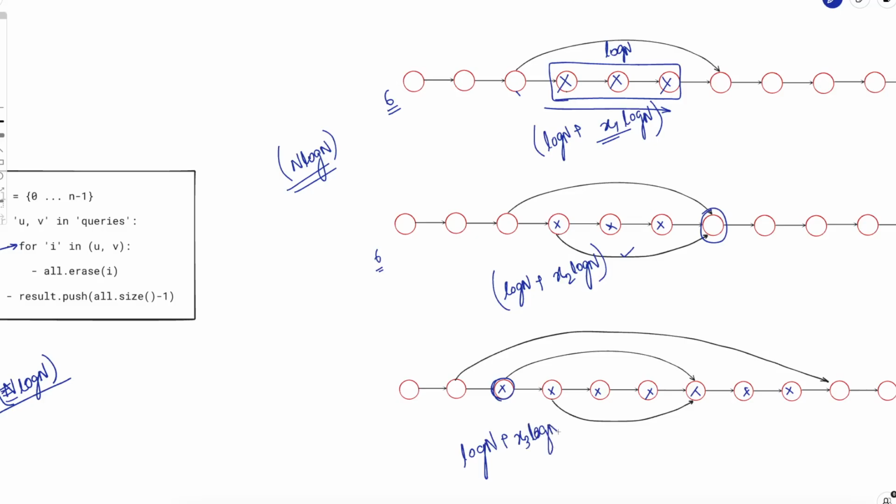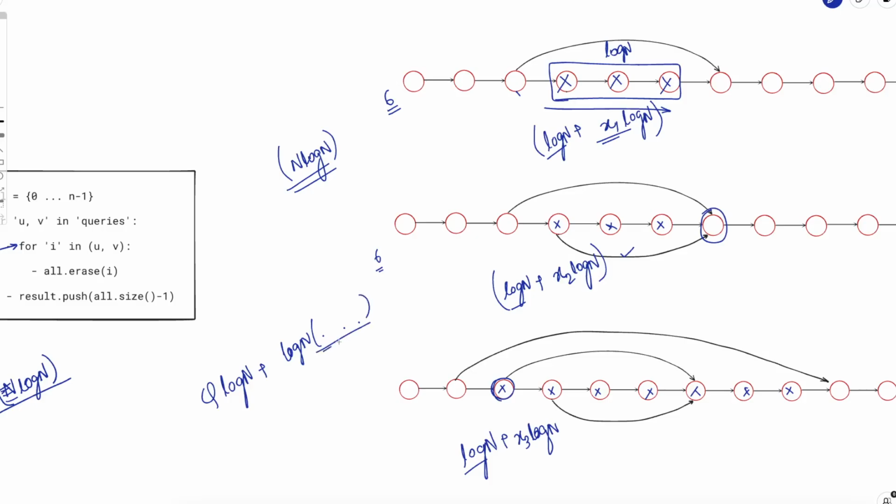Now if you sum up all of these across all of these queries, you are doing log n, which is required for every query. So for q number of queries, you are doing log n operation for sure. After that, you are doing log n operation for x1 plus x2 plus x3 all the way up to xq.